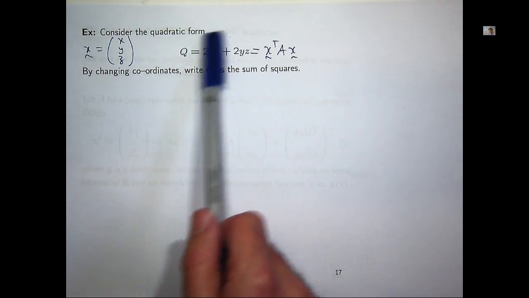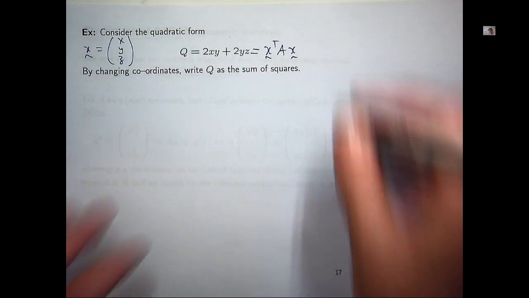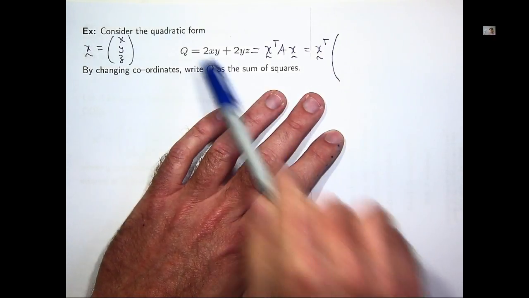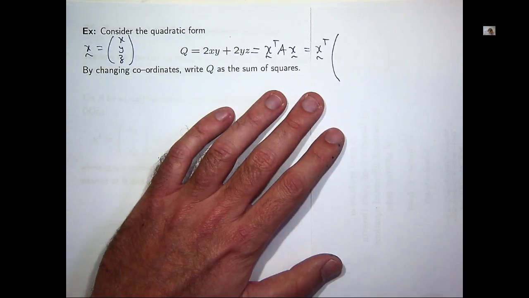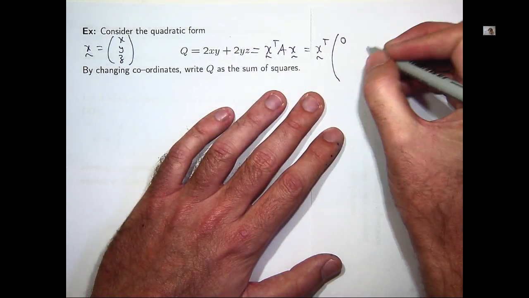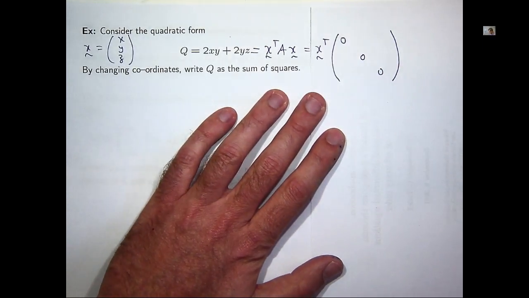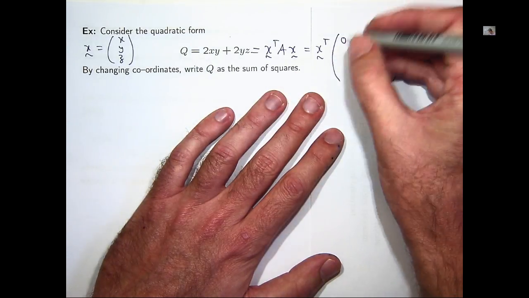Firstly, there are no squared terms here. There are no x squareds, y squareds, or z squareds in there, right? So the diagonal is just 0. Let's go to the first one, xy.